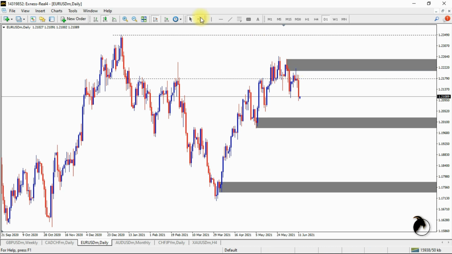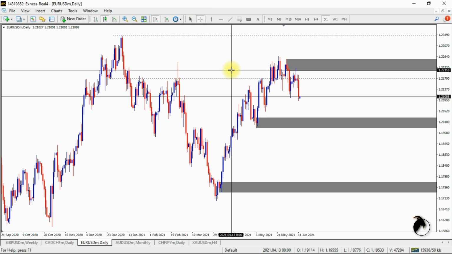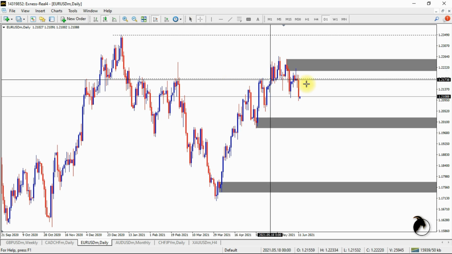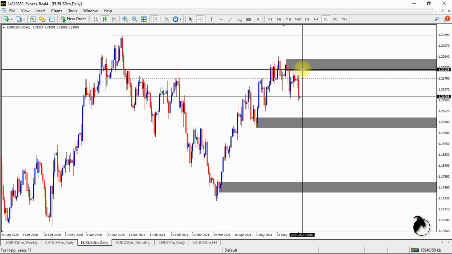So currently we executed this one, so currently we are 101 pips in profits, and our stop loss was just 43 pips, which always we add 5 pips more in case there's manipulation in the market.